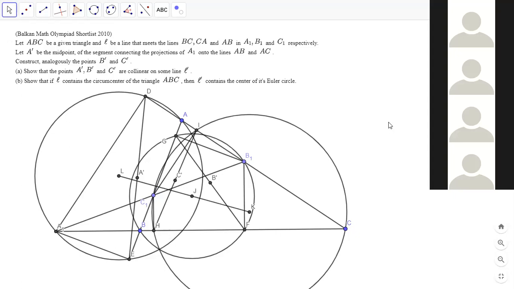So yeah, I forget, for one of the proofs of the Gauss line, you show that the three circles are coaxial. So this isn't exactly the same configuration, but is it the same kind of proof?